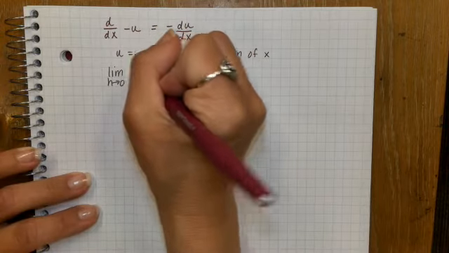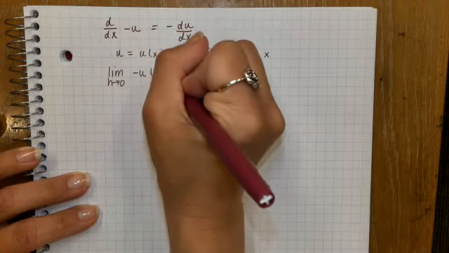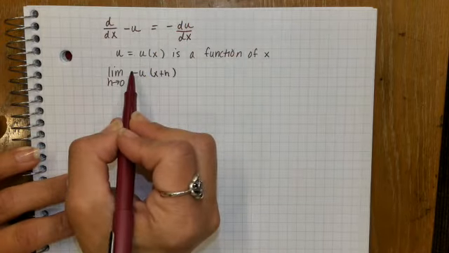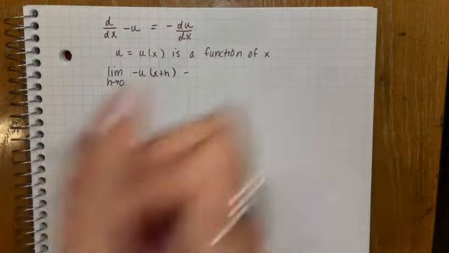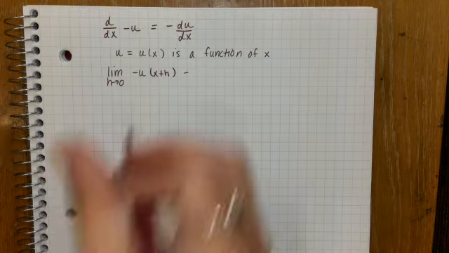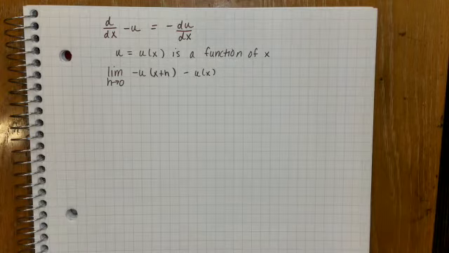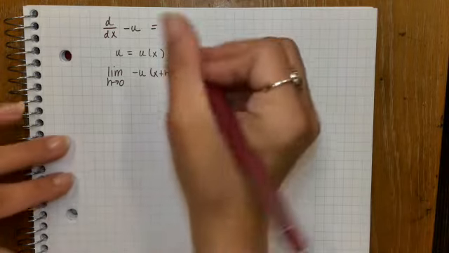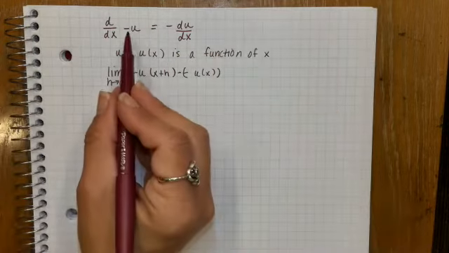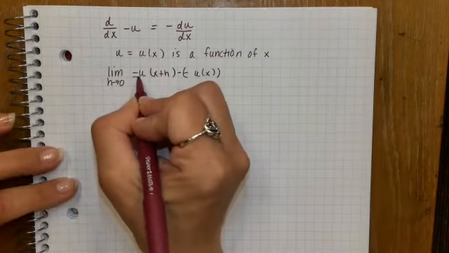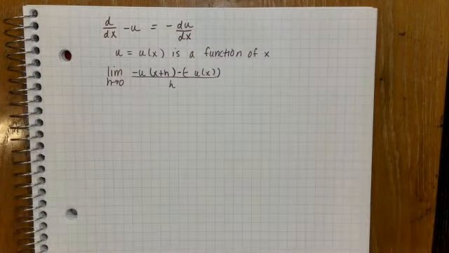So there's going to be the u, actually it's negative u of x plus h, negative, minus the f of x, which is the u of x, should be minus the negative u of x. There we go. It's negative u of x all over h.